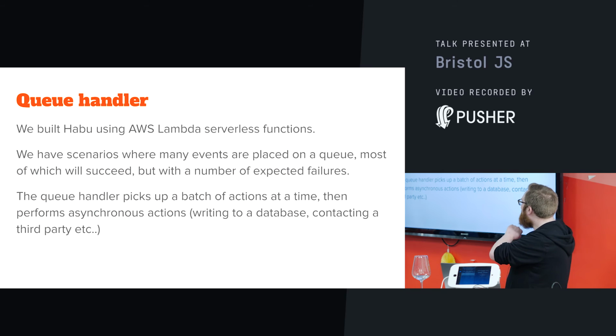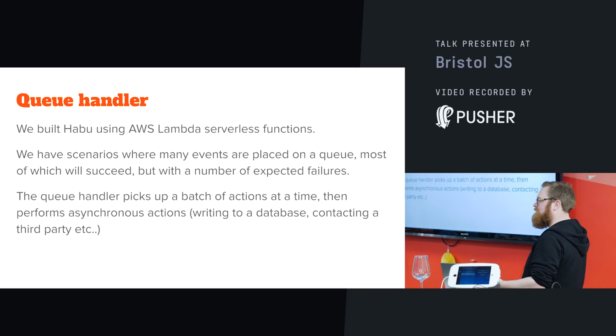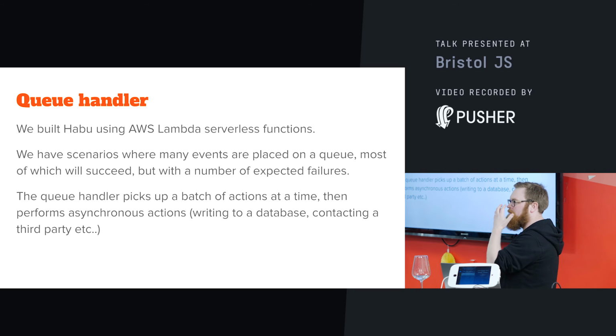So we built Habu on AWS Lambda, which are serverless functions that exist in the cloud, someone else's computer. The really nice thing about this is we don't have a single EC2 instance, we don't have to manage any databases.